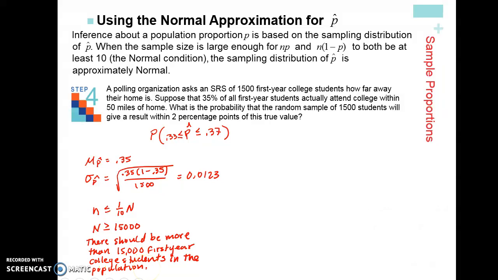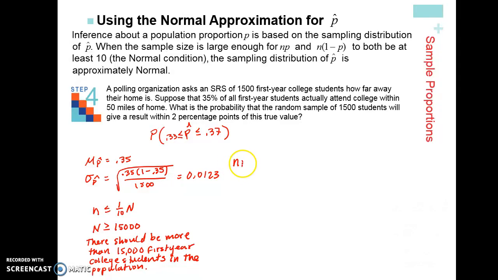And I'll just say in the population, because it doesn't say where it is. Okay? Alright, so that means that we should be good on the binomial set of things, particularly the condition of independence. And then before we do any normal calculations, we need to check to see if the distribution is normal.